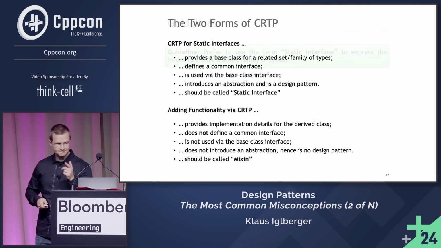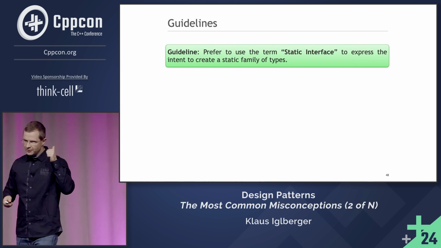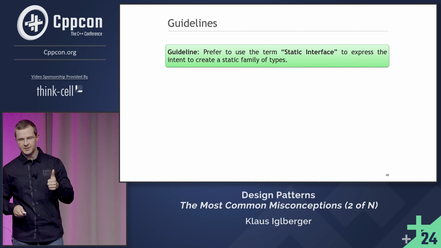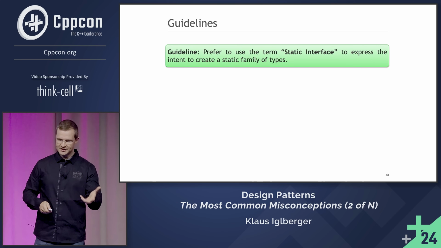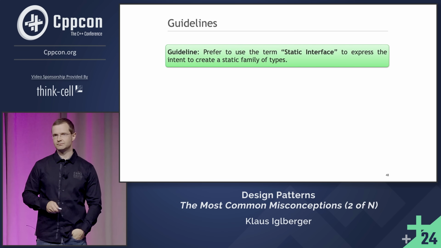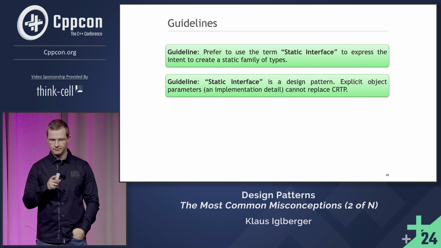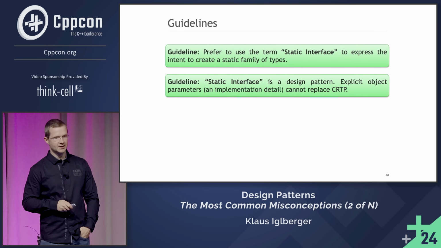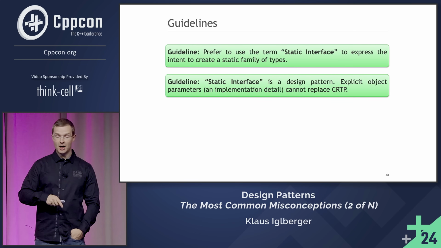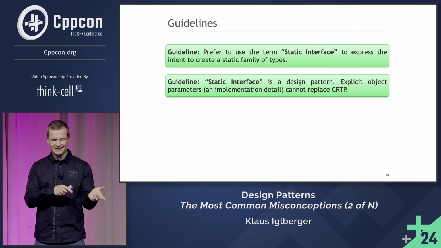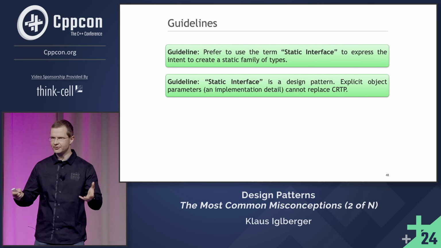Good. So, to summarize here, prefer the term static interface to express the intent to create a static family of types. And static interface is a design pattern. Because explicit object parameters are an implementation detail, it just cannot replace that. It's different.